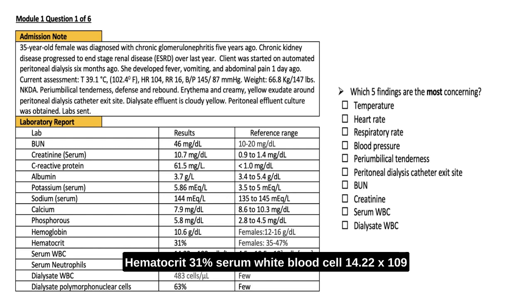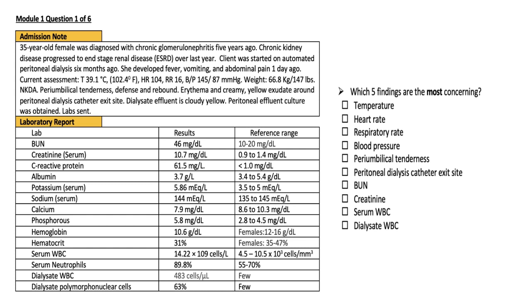Hematocrit 31%, serum white blood cell 14.22 times 10^9 cells per liter, serum neutrophils 89.8%, dialysate white blood cell 483 cells per microliter. Dialysate polymorphonuclear cells 63%.